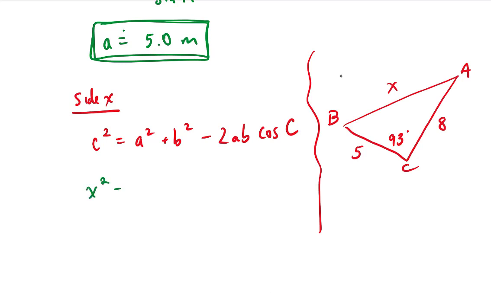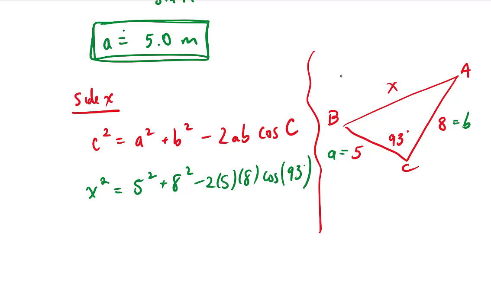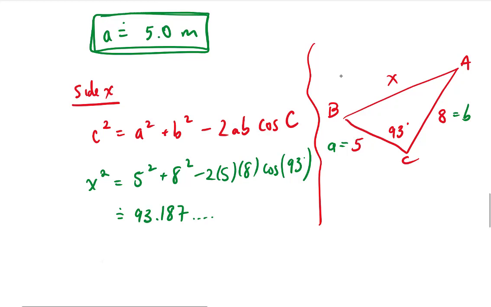So we have x squared equals A, which is right here, that's 5, so that's 5 squared, plus B, that's 8 squared, minus 2 times 5 times 8 times cosine of angle C, which we know to be 93. If we evaluate the right side, we end up with approximately 93.187 units squared.